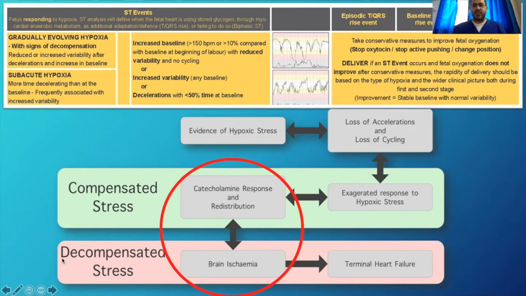So that's a very, very good sign. But as you could see at the beginning, once the baby starts having more and more decelerations and more stress, cycling can go away. When we're talking about loss of cycling, that means that baby is not going through the sleep-wake cycles. That means that baby is stuck in one of the phases.